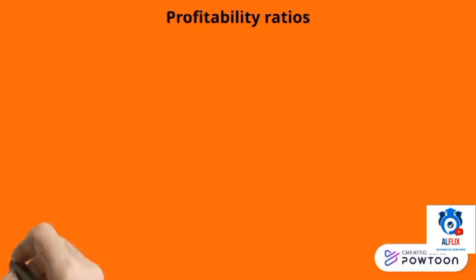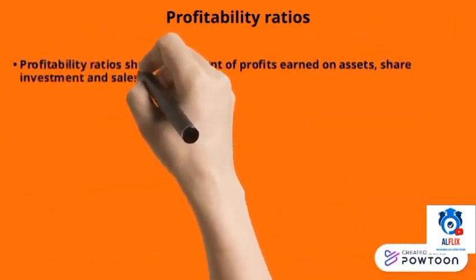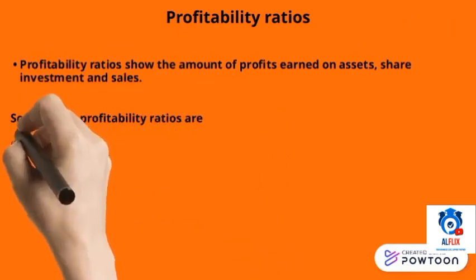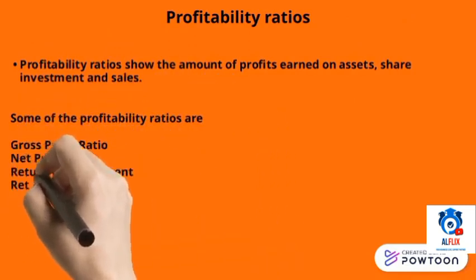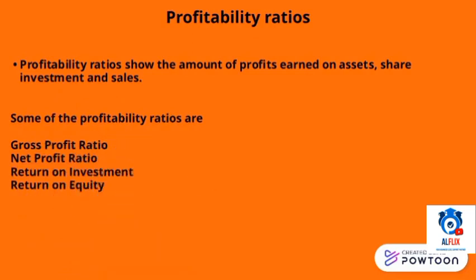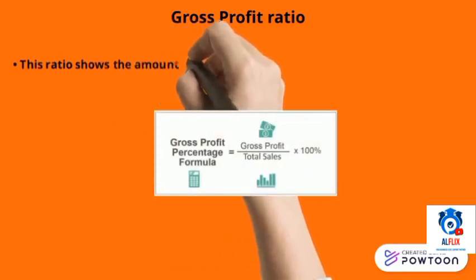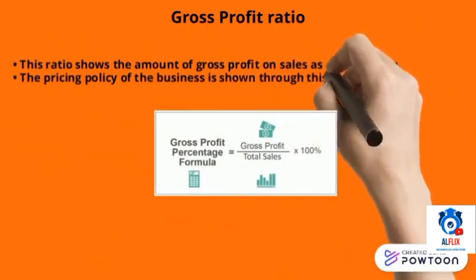Profitability ratios show the amount of profits earned on assets, share investment, and sales. Some of the profitability ratios are gross profit ratio, net profit ratio, return on investment, and return on equity. Gross profit ratio. This ratio shows the amount of gross profit on sales as a percentage.